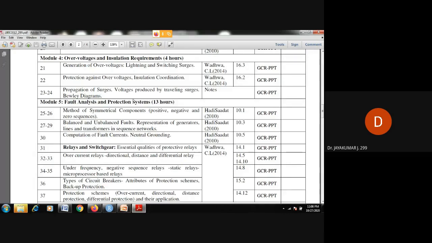For example, in the electrical machines lab, we have some 10 induction machines. In order to run the motors, how much real power and reactive power is needed? We have to include the losses also. Including the losses, we do the analysis. That is nothing but power flow analysis.